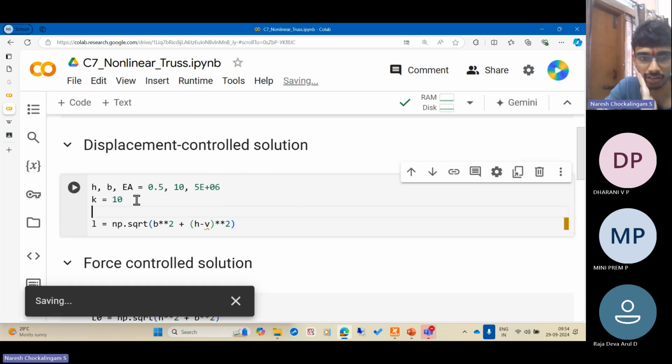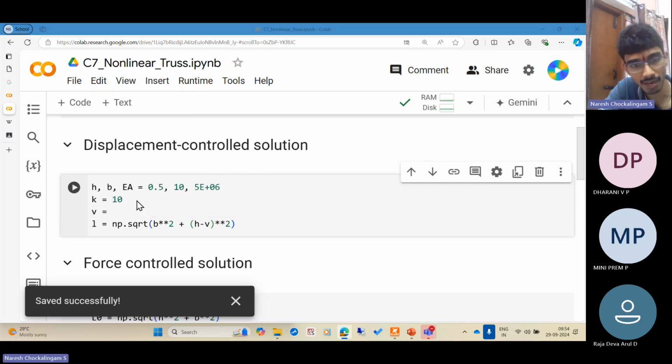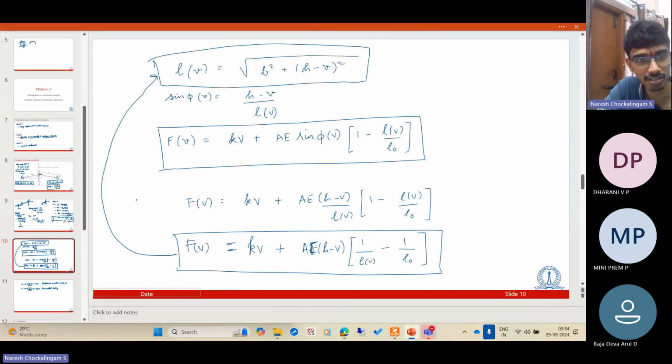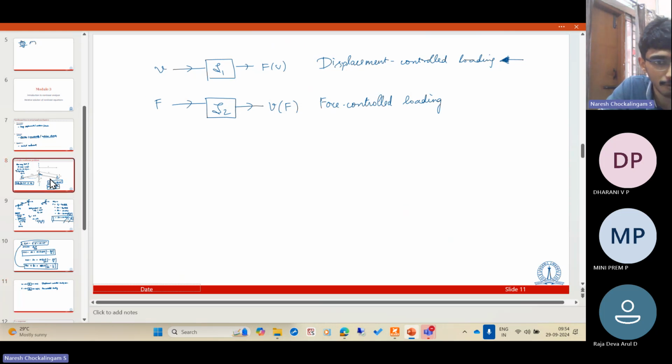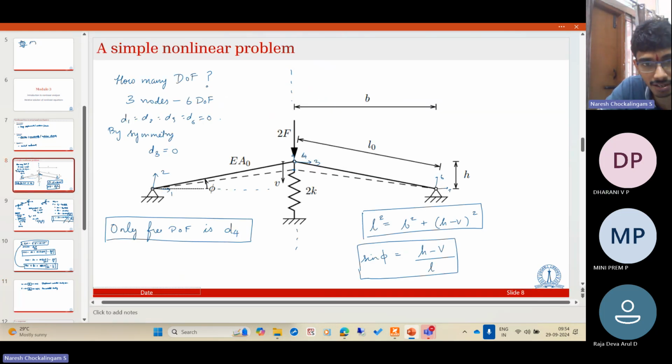So what can V be? I'm interested in an entire range of V, right? In displacement control loading, I'm going to increase V from 0 and take it to some point. Initially V is 0 and I'm slowly increasing it. Here we don't have any linearity approximation, so I can go to large displacements and large rotation.